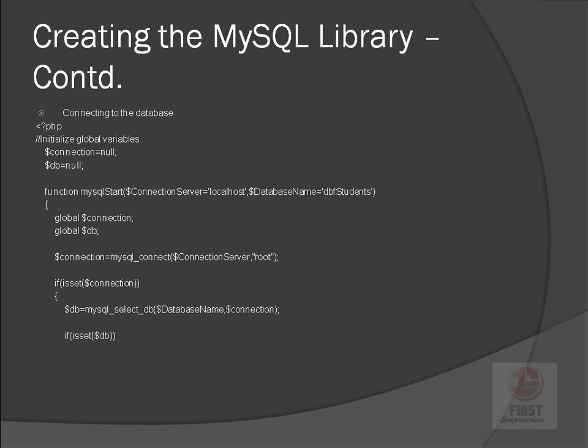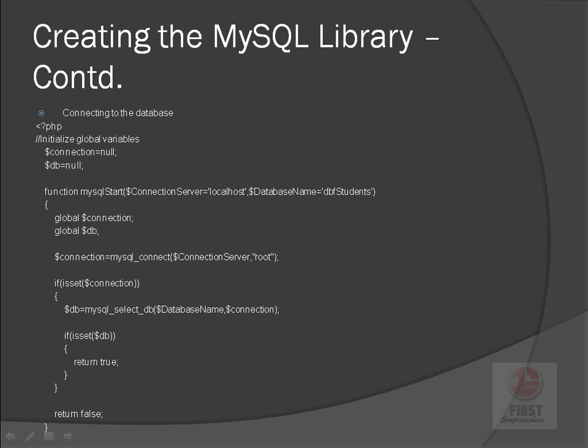If the database was set, then we will say return true. If we get a true value from this function, this indicates that we have successfully set up the connection and we have successfully set up the database. Otherwise, we'll do a return false. This indicates that there was some problem with the connection and we were not able to establish the connection properly.